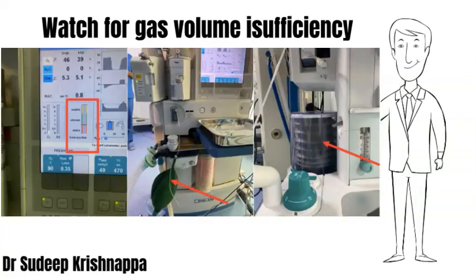The reservoir bag would inflate and deflate with each respiratory cycle because of the mechanism of fresh gas decoupling. If the reservoir bag starts collapsing, you know you will have to increase the fresh gas flow because the fresh gas flow may be insufficient. Now, in bellow ventilators or the ascending type of bellows, look for the bellows reaching back to the top of the bottle. If it fails to reach, you know there is a gas volume insufficiency problem.